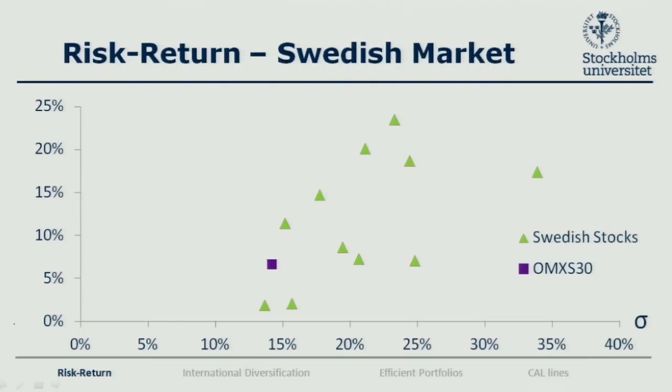What is interesting, though, is that it's quite far to the right if you compare to some of the stocks over here. For example, compared to this stock, the OMX 30 is very low in risk. So although these stocks to the very right are included in the index, it is still on the same level as the least risky stocks, like the one here and here.